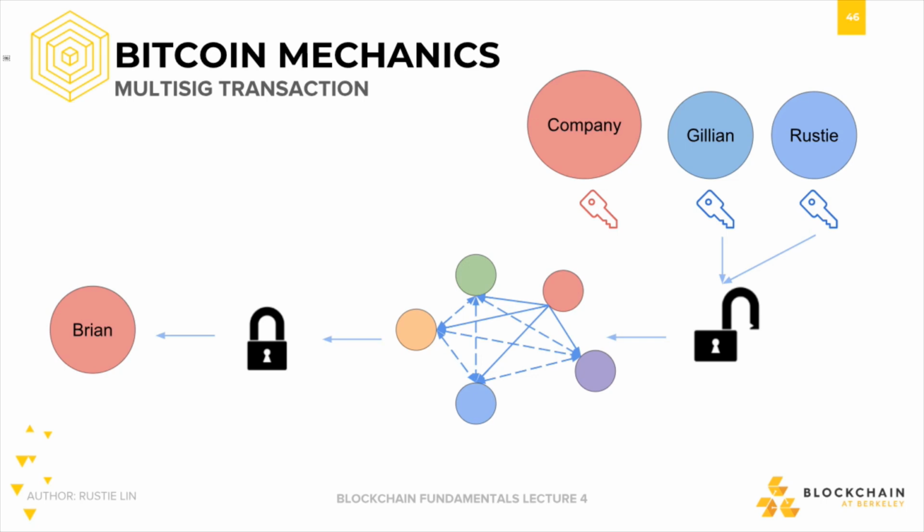If Jillian or Rusty lose their private keys, then they can work together with the company to recover a new account, per se. So this is useful for a lot of different scenarios, and that's why multi-signature is really, really cool.